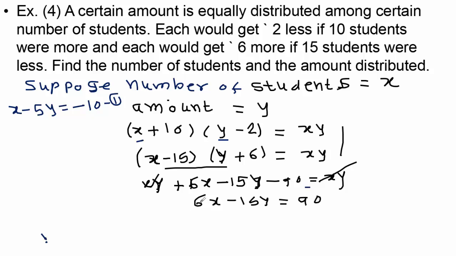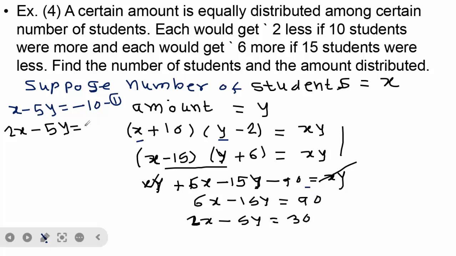If I divide throughout by 3, I will get 2x minus 5y equal to 30. Therefore, my second equation is 2x minus 5y equal to 30. This is my second equation.